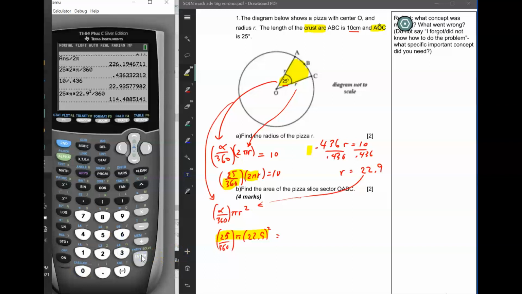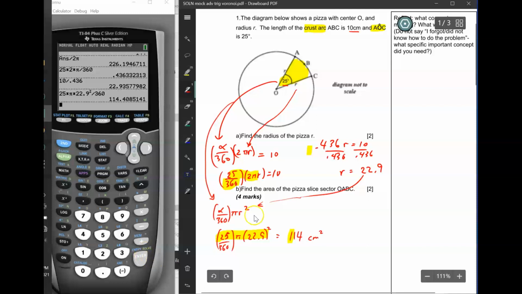So this answer is 114.4, or with three significant figures, it's just 114. This would be centimeters squared if you want to put the units, but if all the units are centimeters, you don't need to put the units for every single one. By the way, this radius is 22.9 centimeters. In this class, as long as the units are not mixed, you don't need to put the units for all your answers.